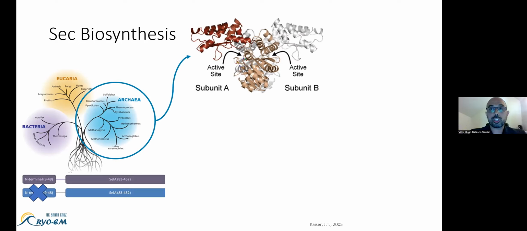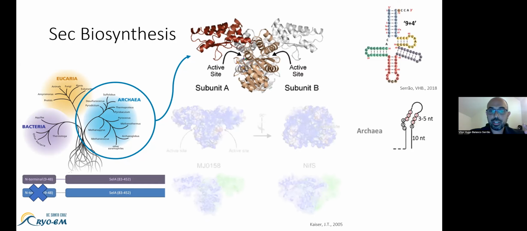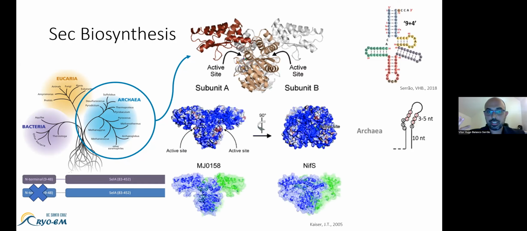And this one doesn't actually present any function. Looking at the other elements, the tRNA is very similar, the mRNA hairpin is also very similar, and looking at the structures, we're supposed to be seeing an active site. There's a PLP, or vitamin B6, on the binding site that I'm going to highlight in the next slides. However, there's no function. But the N-terminal seems to be very critical to keep selenocysteine functional across the life domains.